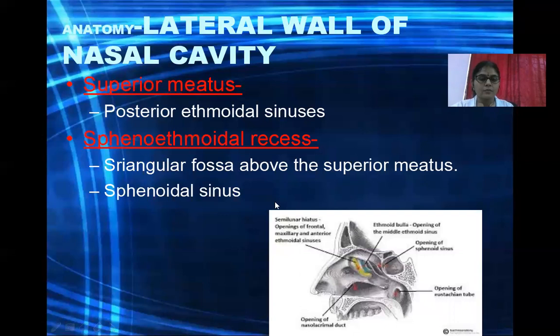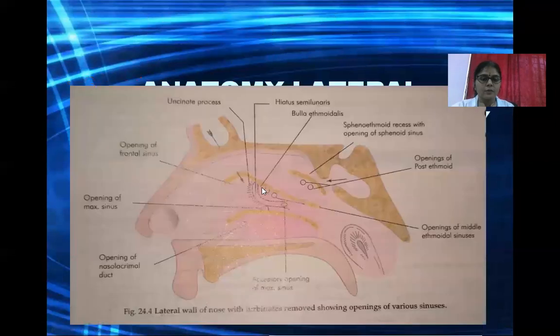You can see that this is the middle meatus. You can see that's the bulla ethmoidalis. That's the hiatus semilunaris. And you can see that's the uncinate process. That's the uncinate process here. You can see the openings of all the sinuses here.